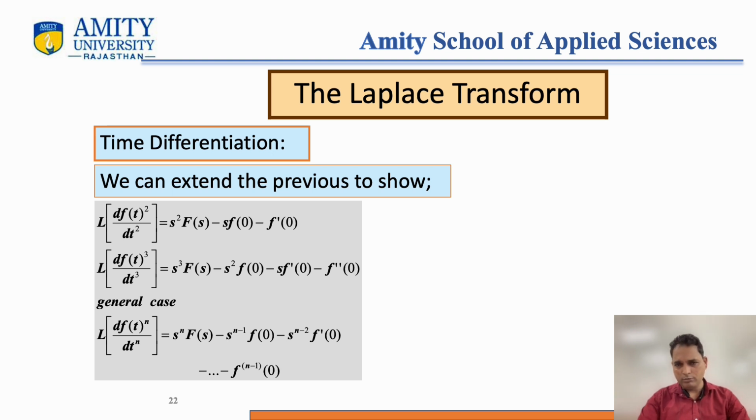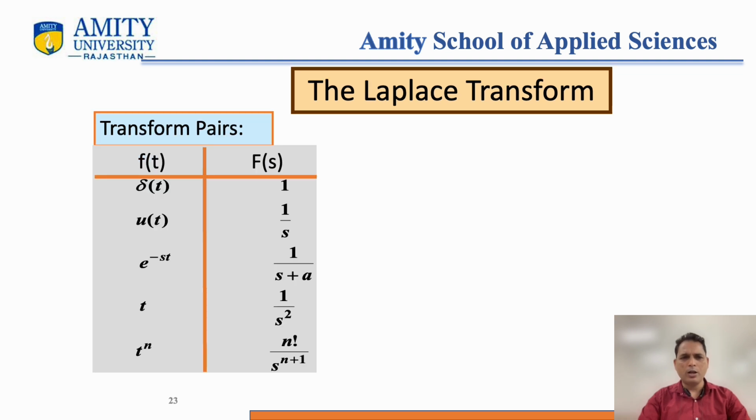And in general, we reach the nth derivative. It becomes s to the power n f bar s minus s to the power n minus 1 f0 minus s to the power n minus 2 f dash 0 and so on. At last we have f to the power n minus 1 of 0. So it is a basic formula which we are going to use.